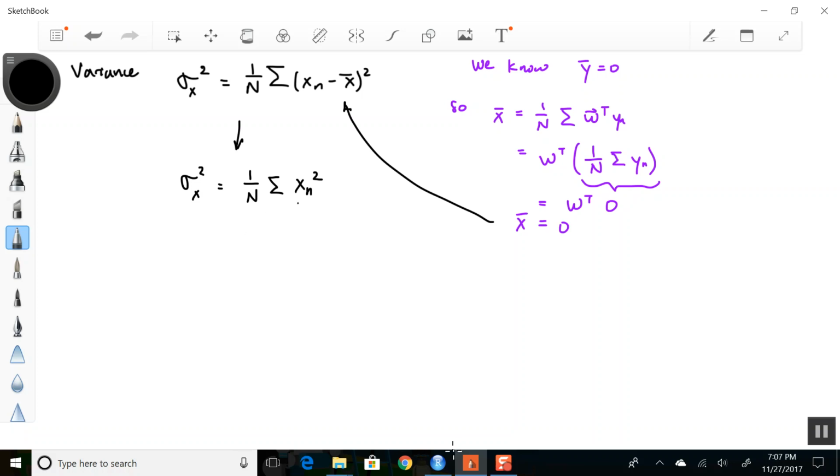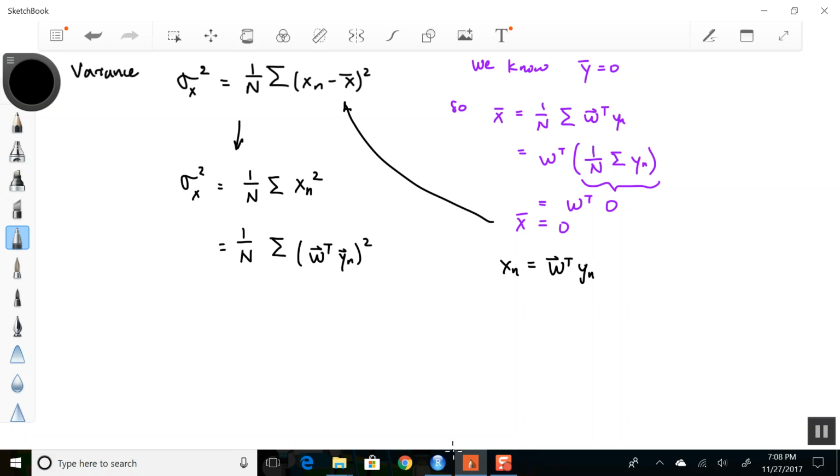Okay, and then if I plug in what xn was, so keep in mind that xn is equal to w transpose yn, we now have the sum of w transpose yn squared.